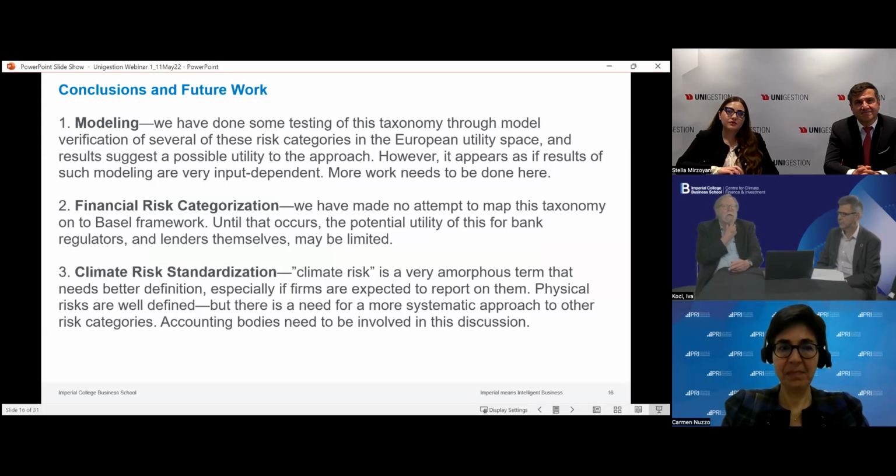I've made no attempt to map these categories onto the Basel framework. And this actually needs to be done, perhaps by some enterprising graduate student, I don't know. But the Basel framework is how banks allocate capital. And what you want is those decisions to reflect climate concerns.